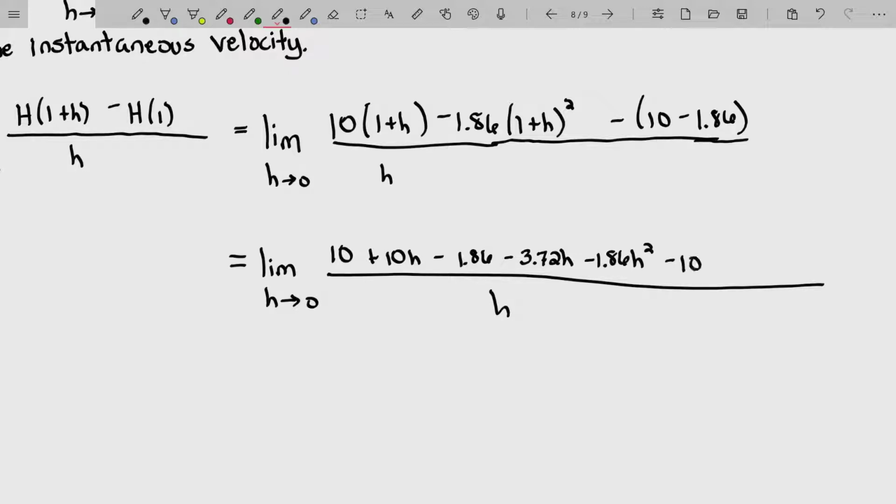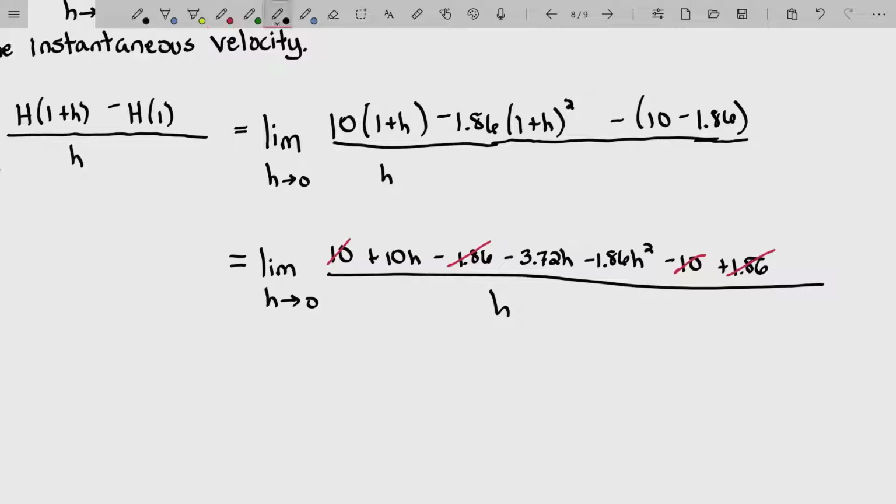And then minus 10 and plus 1.86. And you'll see why I didn't bother doing the arithmetic here. It's because the 10 here will cancel with the 10 there, and the negative 1.86 will cancel the positive 1.86. It's just a little trick. You don't have to do that. I just do that. Let's see, 7, 6, 2, 8.